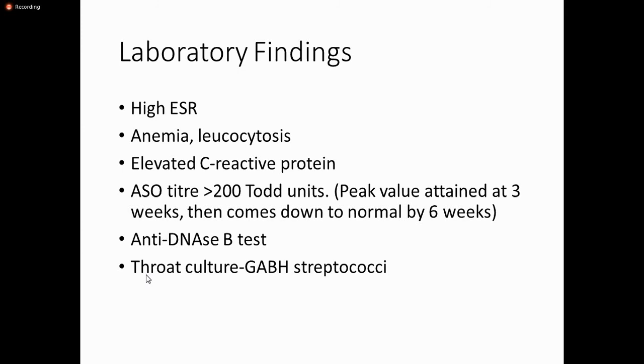The peak value is attained at 3 weeks, then comes down to normal by the 6th week. Then we can go for the anti-DNase B streptococcal test, and for the throat culture to isolate group A beta hemolytic streptococci.